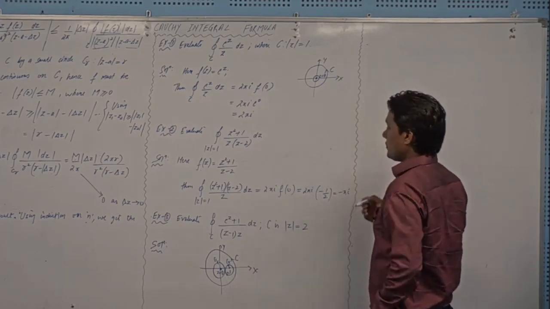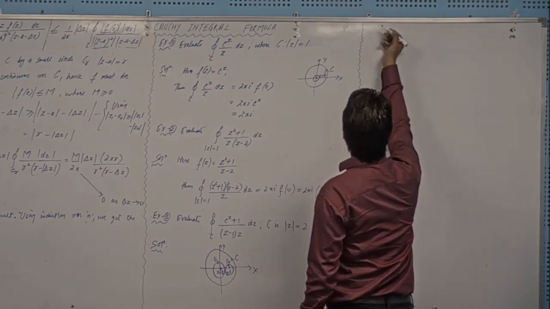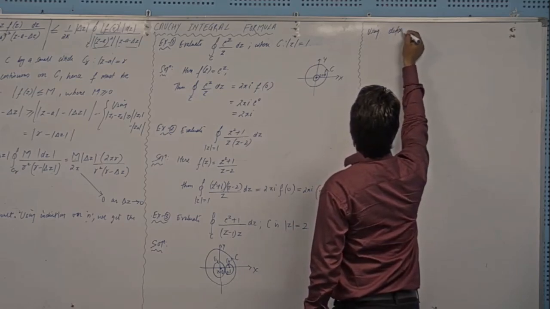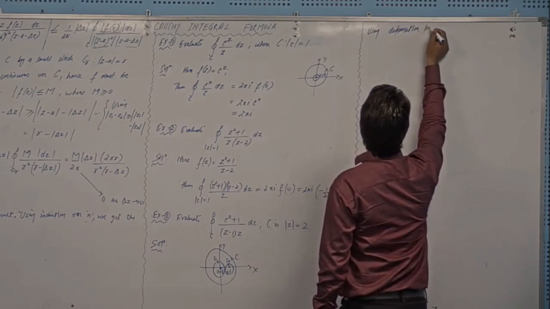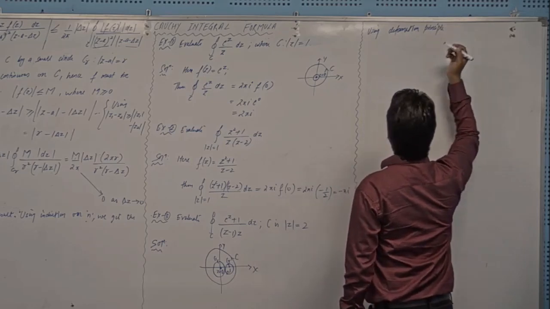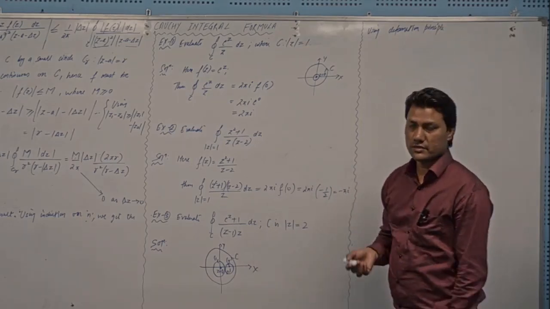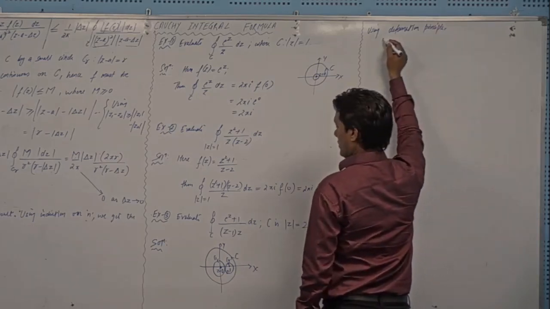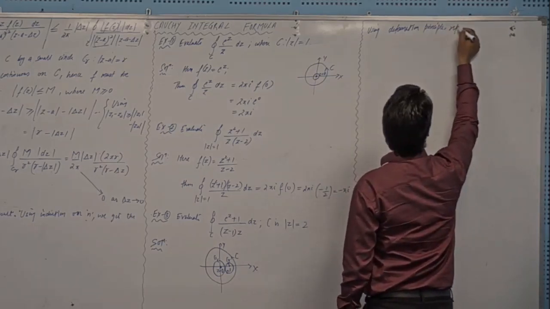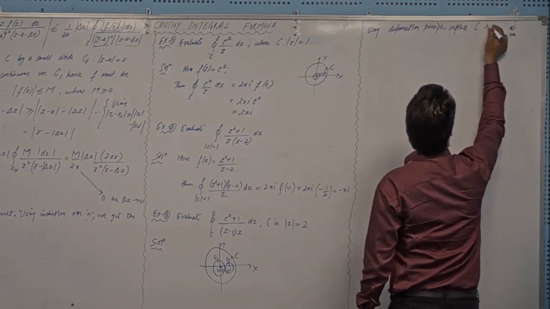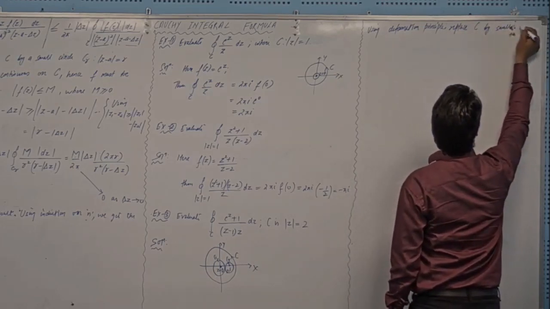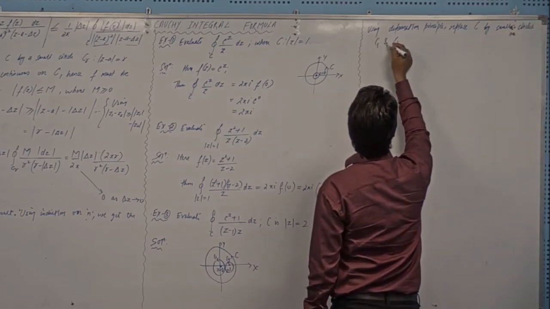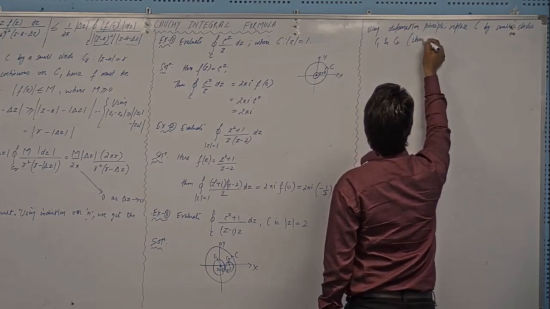Okay, so I will write, using deformation principle, or you call it Cauchy's theorem for multiply connected domain, replace C by small circles C1 and C2, right, as shown in figure.